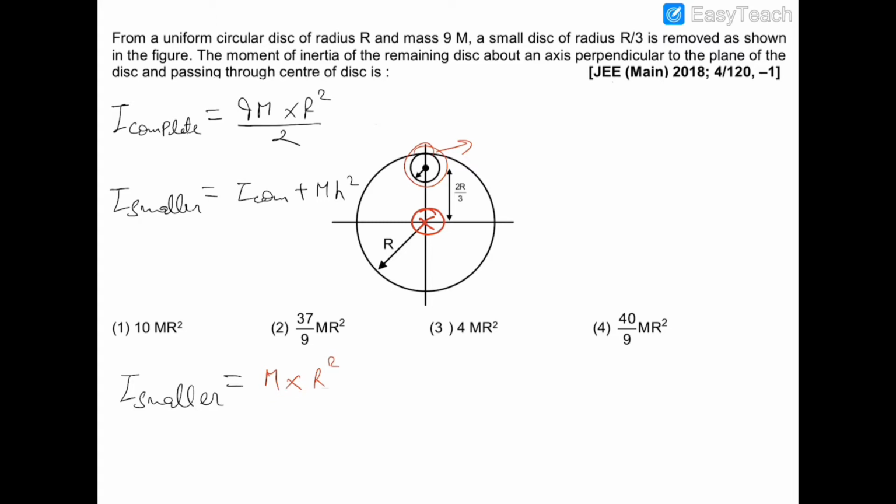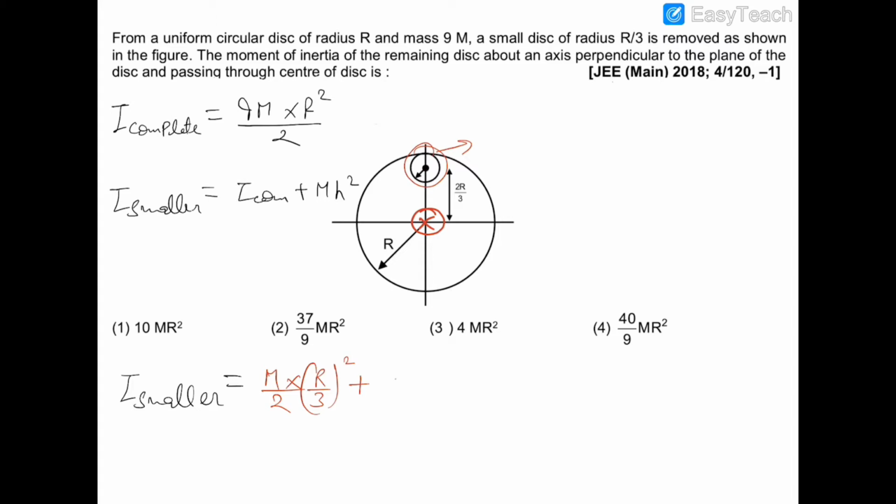Actually, I have already calculated this value, so I am writing it now as m r by 3 whole square by 2. This is the moment of inertia of this smaller disk about its own center of mass, as well as the distance between these 2 points is equal to 2r by 3.